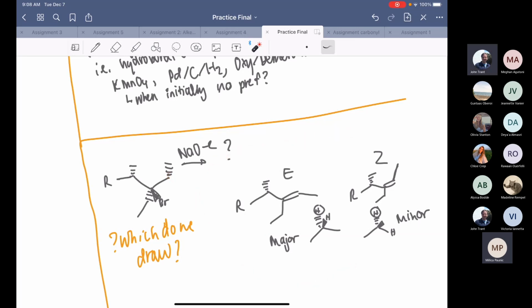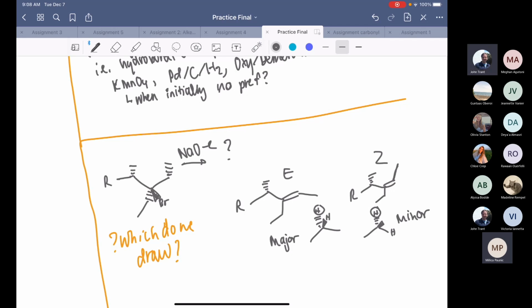So is there a preference for E or Z? The answer is yes, and it depends on which is the most stable Newman projection of the starting material. Oh, I did it the way we did it in class, where E is more stable and Z is less stable. Generally, yeah, that's true, but once you make the double bond, if it's an E2, E2s are kinetically controlled.